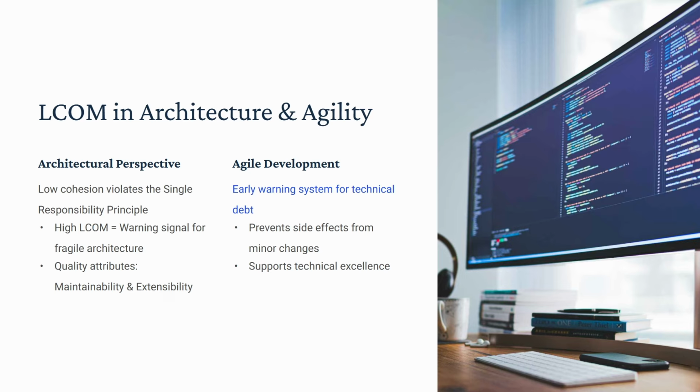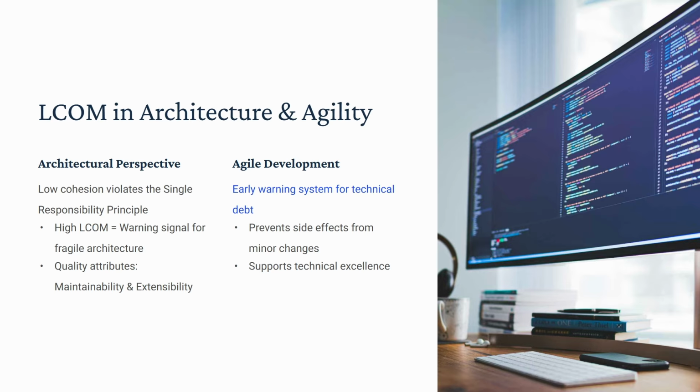Of course, LCOM alone is not sufficient to ensure quality, but classes with low cohesion or high LCOM are already a warning sign. They often violate the single responsibility principle from the SOLID principles and lead to fragile architectures in the long run.